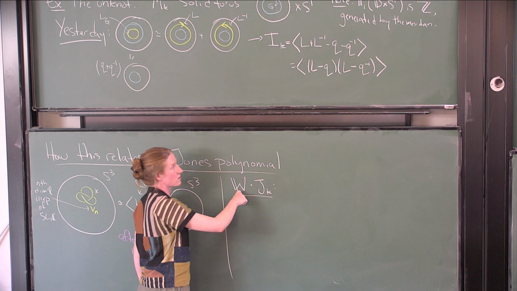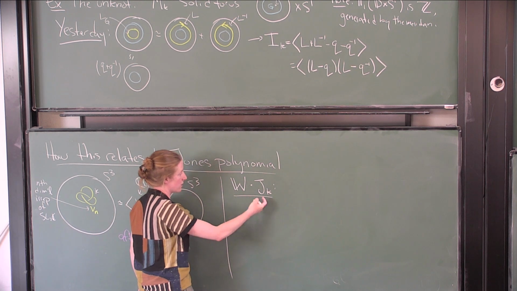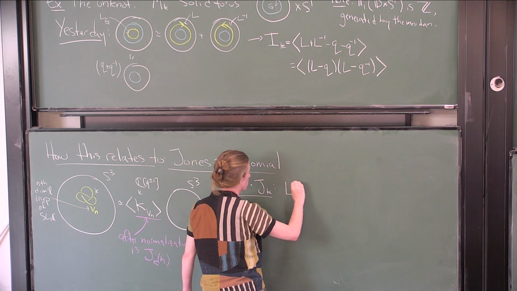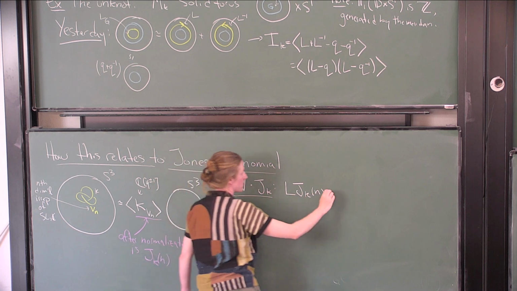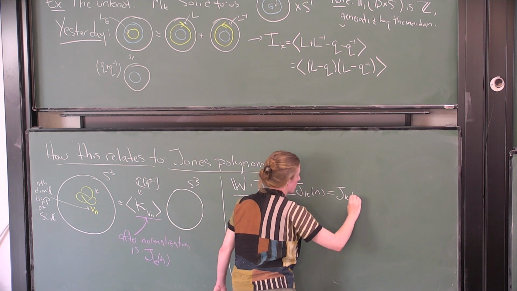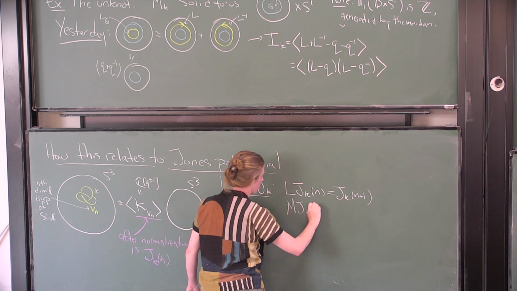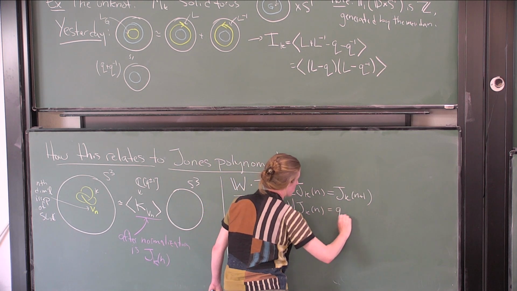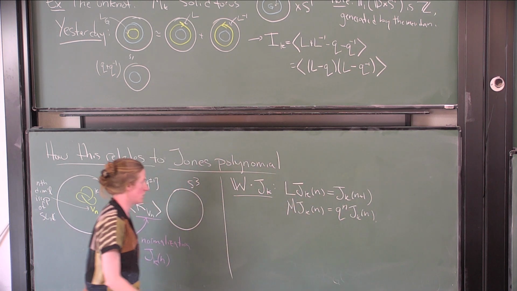Well, this q-Weyl algebra, it has two generators, so I can tell you the action just by telling you how those act. What I'll do is L of this thing will be J_K of n plus 1, and M J_K of n equals q^n J_K of n.